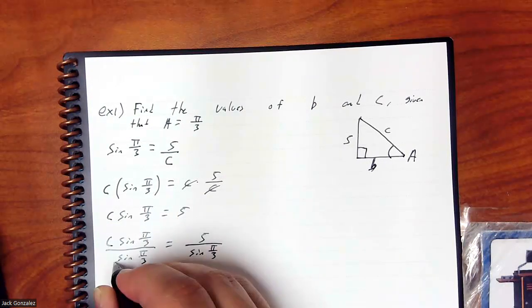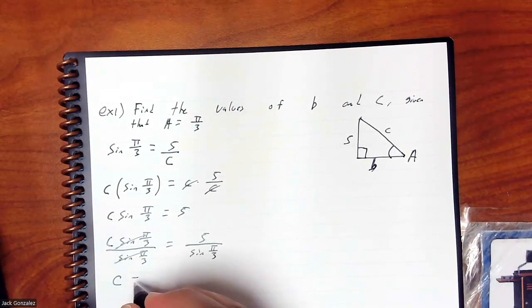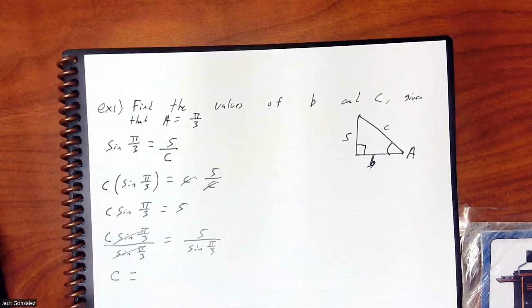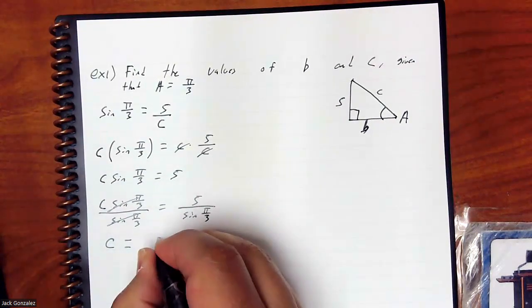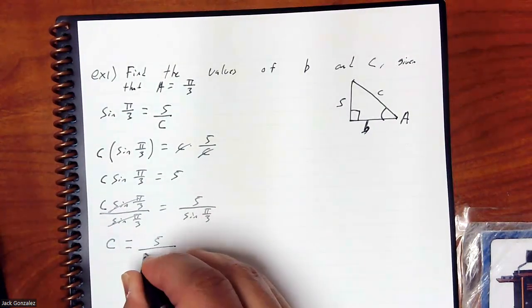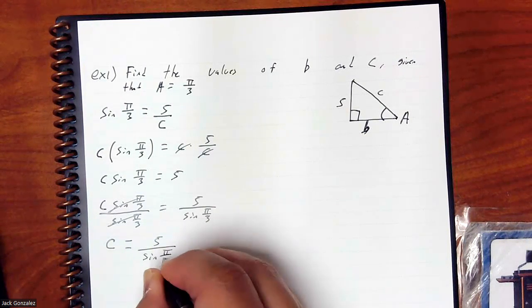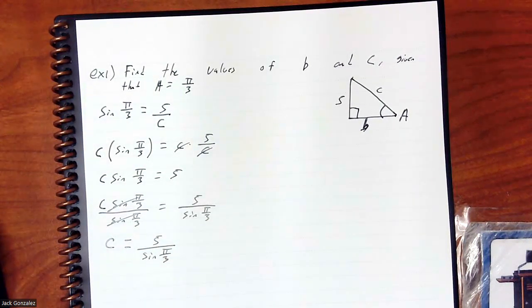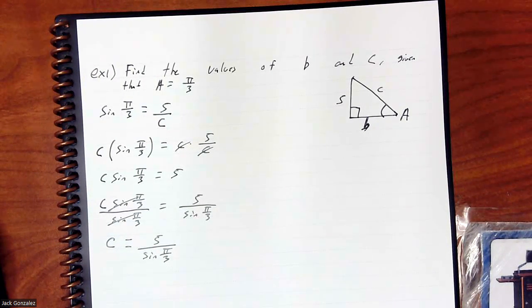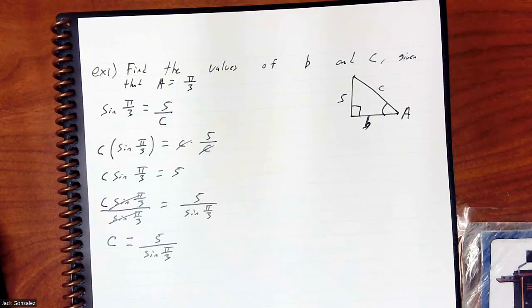And we have solved for C. So side C, or the hypotenuse C, is equal to 5 over sine of pi thirds. What is sine of pi thirds on your unit circle? Pi thirds is what? 60 degrees, right? You don't have to have it memorized.